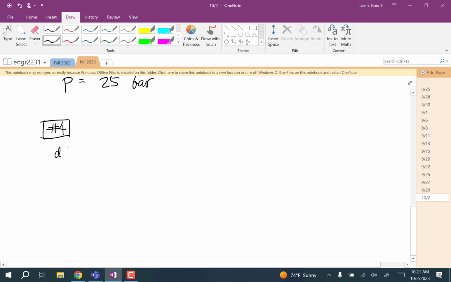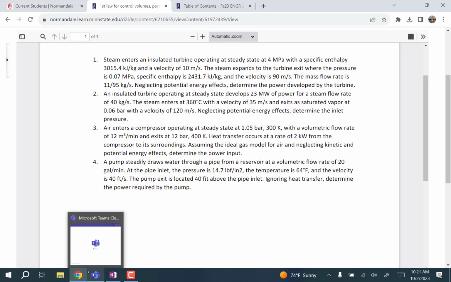Okay, so if we start with this, is it steady state?